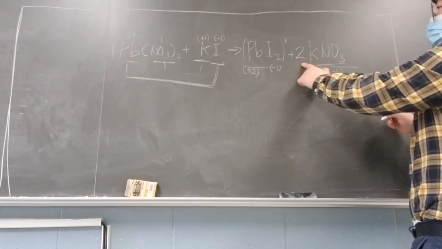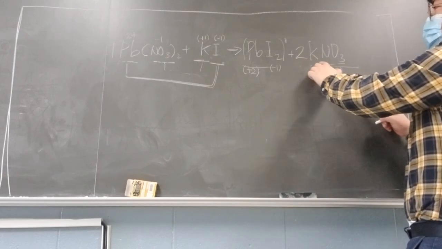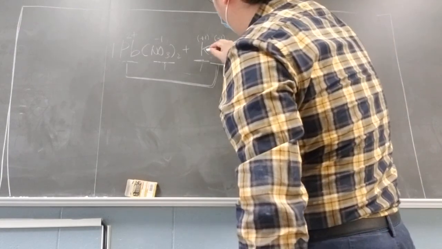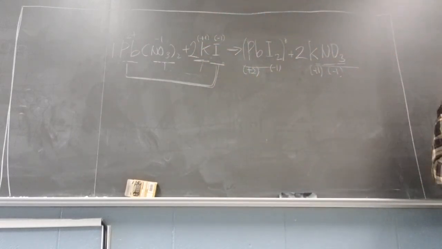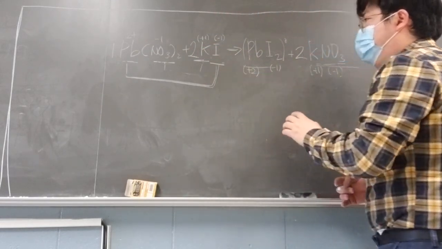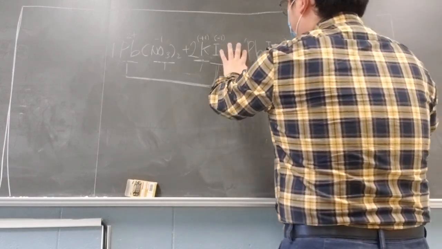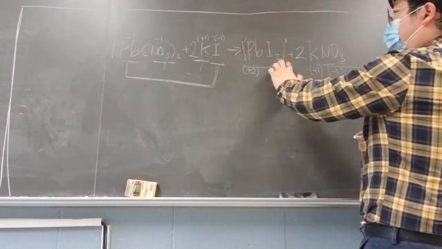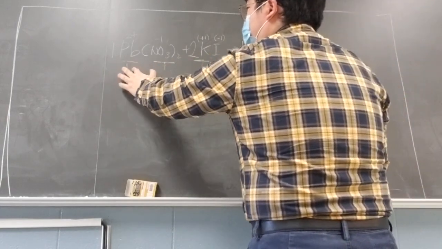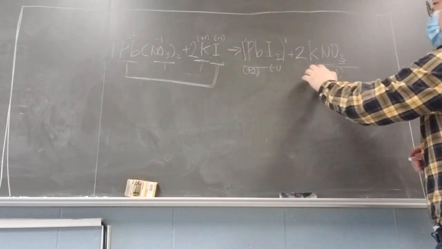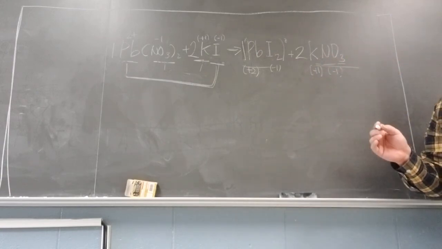And then if it's 2 at minimum, it makes also 2 potassium on the right side. So I'm going to put 2 here to make the same number of potassium, and also iodine here, because there will be 1 compound here, with 2 iodine, so it'll be 2 potassium iodide, 1 lead, 2 nitrate, 2, 2. So we're good here.